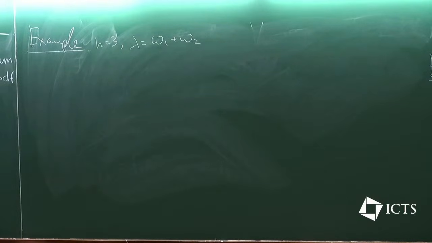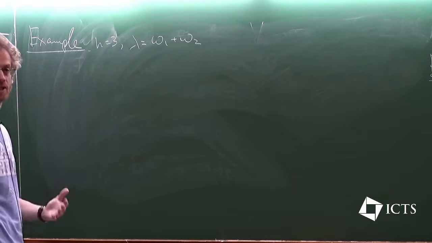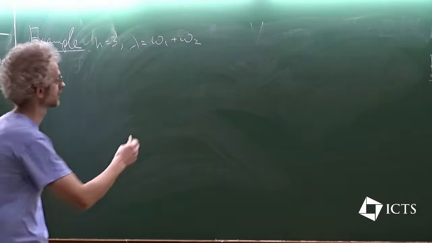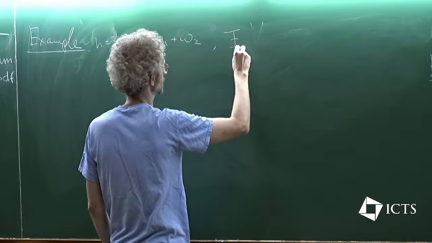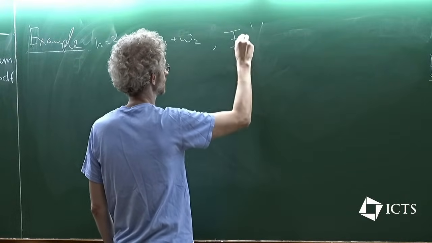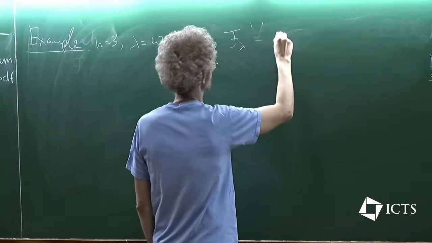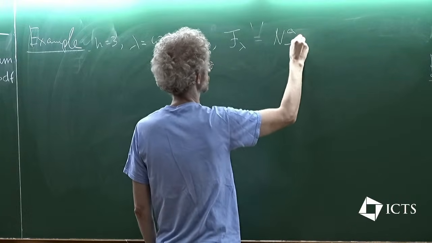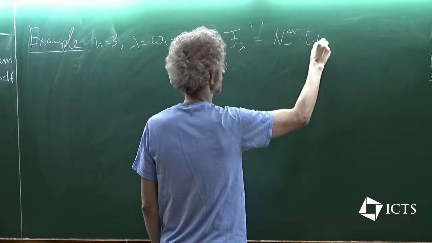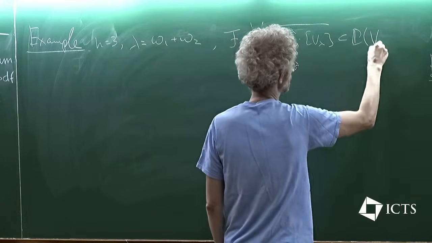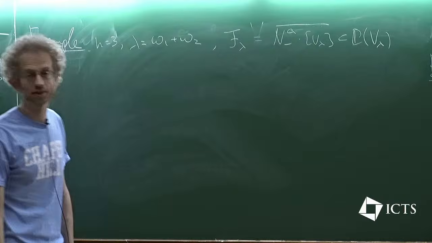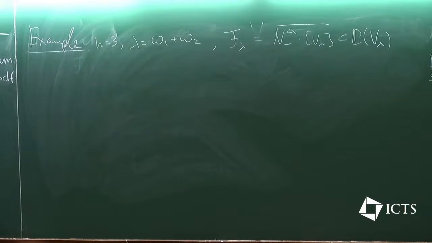Okay? But the question is how should we work with that? How can we understand what this is? Because in our definition, F lambda is defined as the n minus A closure of this highest weight vector inside the projective space of V lambda. And in general, these representations are quite complicated, so we were not able to do this.